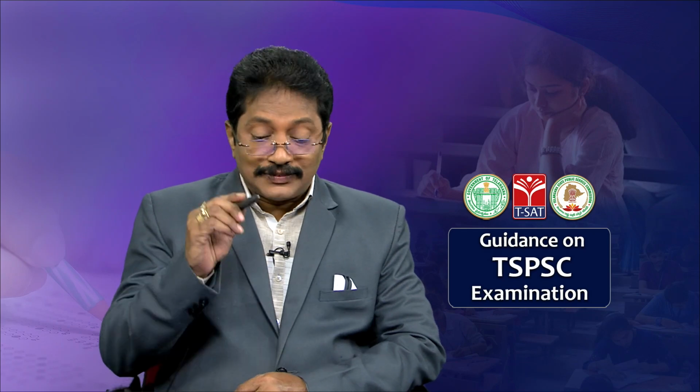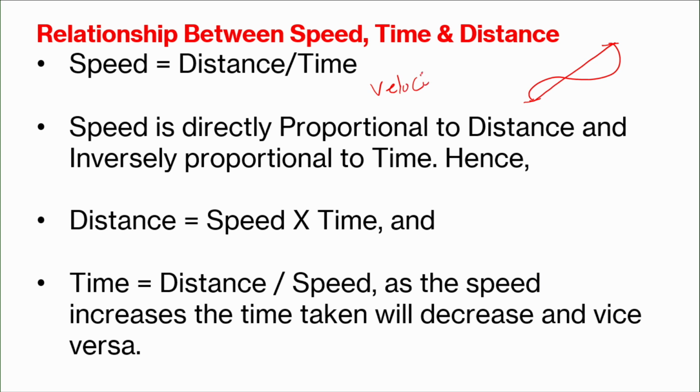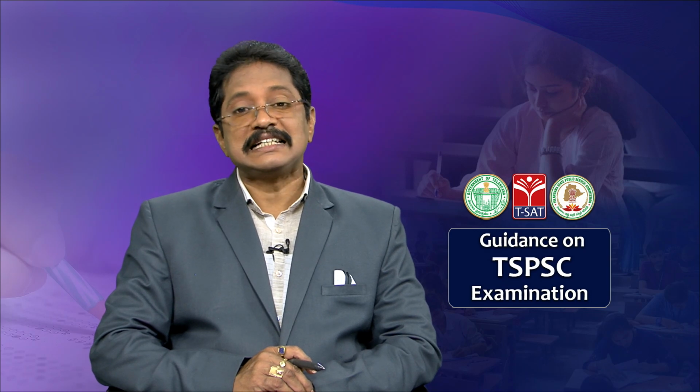If you want to say the same physical quantity in terms of vector, we call it velocity. Velocity equals displacement by time. Of course, numerically both are the same, do not get confused, velocity and speed are numerically the same, but in terms of physical science, speed is a scalar and velocity is a vector.